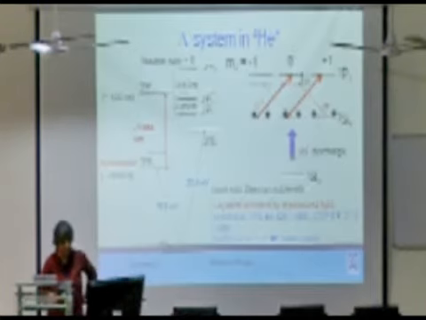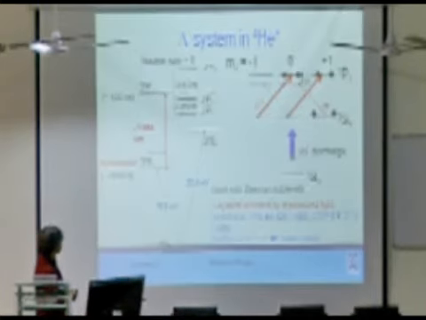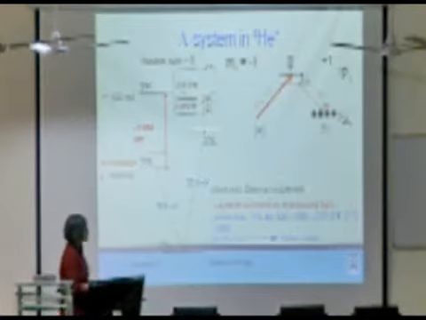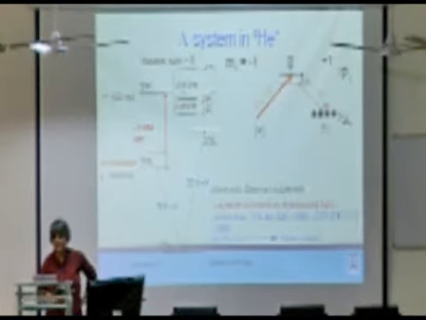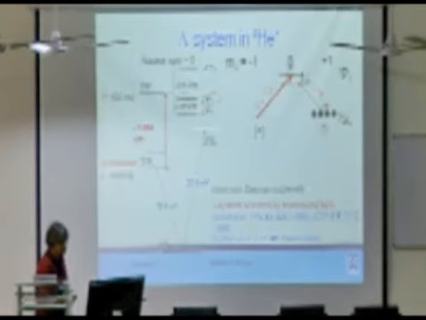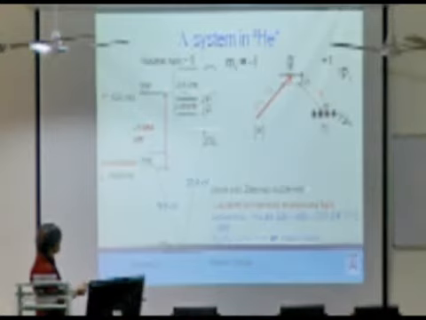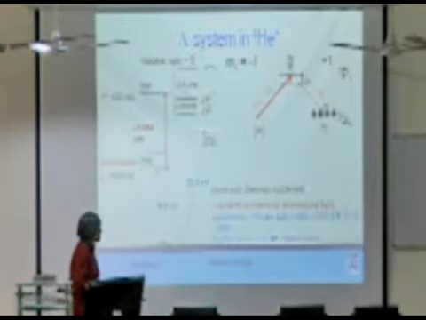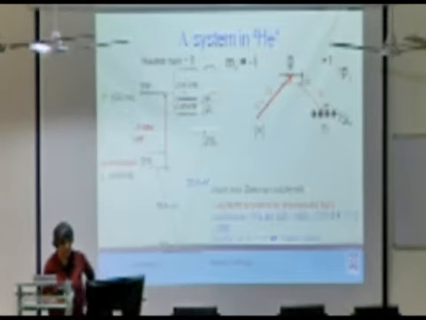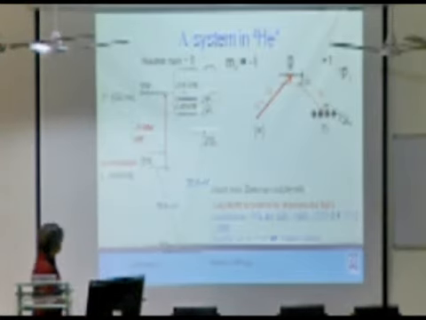And after a few cycles of absorption and then spontaneous emission, the level scheme that you're left with is essentially a clean lambda system, because this transition is allowed only by sigma plus, this transition only by sigma minus, and spontaneous emission creates this, and this is how you end up creating a very good clean lambda system.